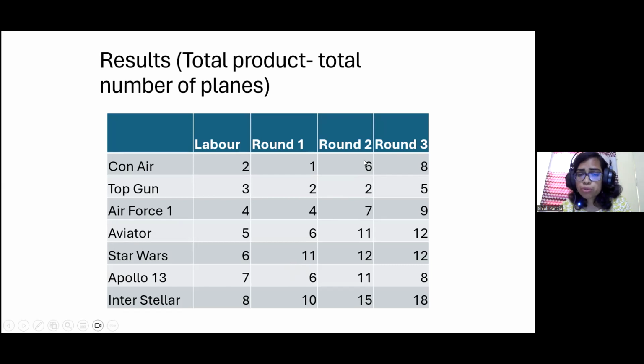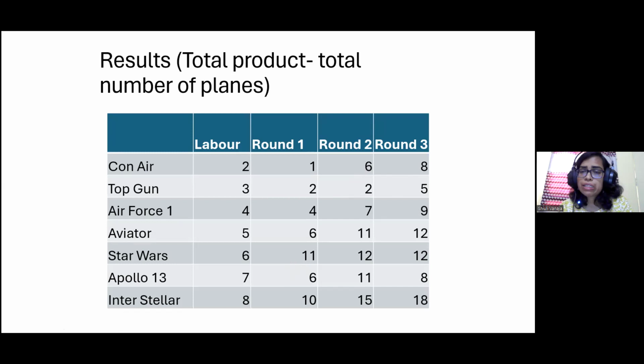For round 2, you see the same: till 6 workers it increases, then it falls, then there is a rise again. For round 3, there are more fluctuations: it's falling, then increasing, then remains constant, then falls, then increases, right? Now one might ask, what are the different things which are working here? One is, of course, the number of workers.